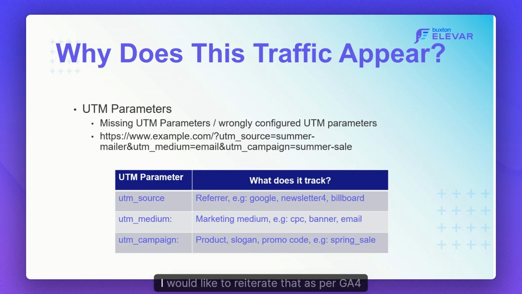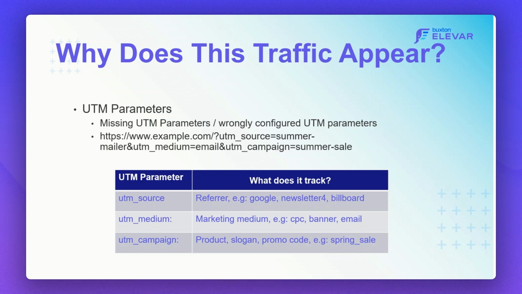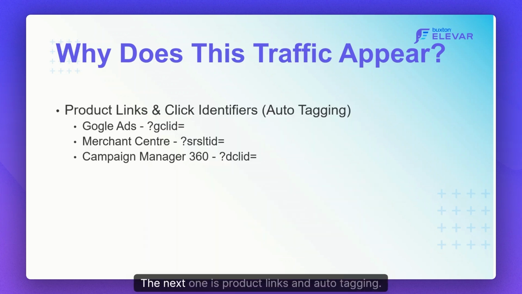Once again, I would like to reiterate that as per GA4 documentation, when you add parameters to a URL, you should always use UTM source, UTM medium, and UTM campaign. It is possible to forget assigning UTM parameters across the various channels, be it paid search, paid social, organic social, and email marketing.